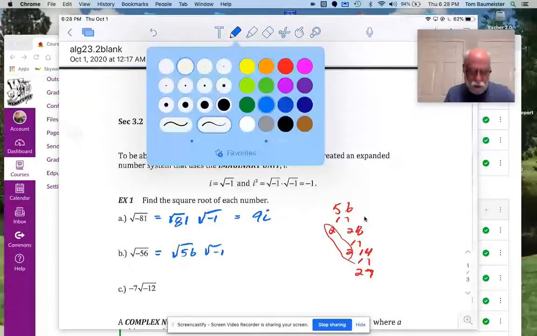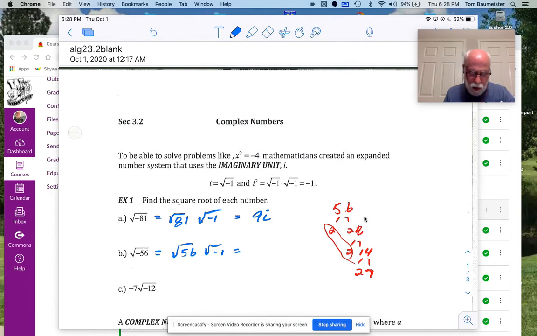So I can write 2 times, bringing those two back together, 2 times the square root of 14. The convention is that the i goes between the whole number and the square root.